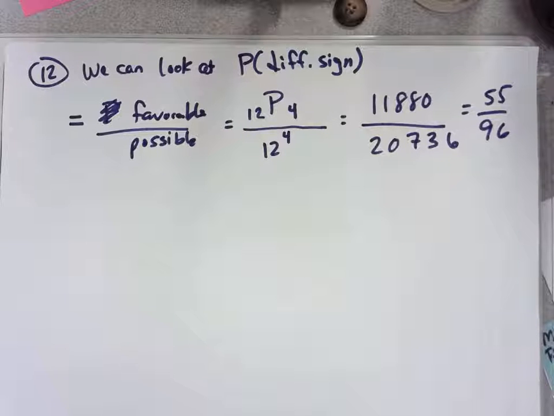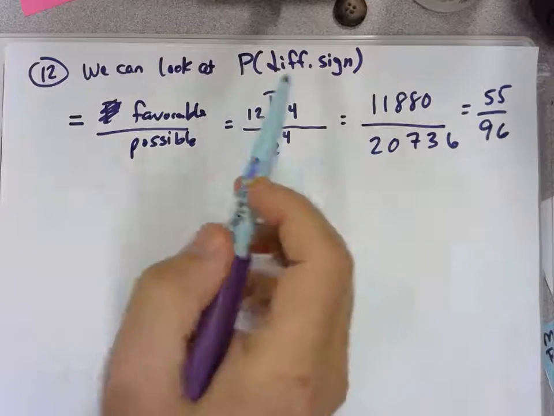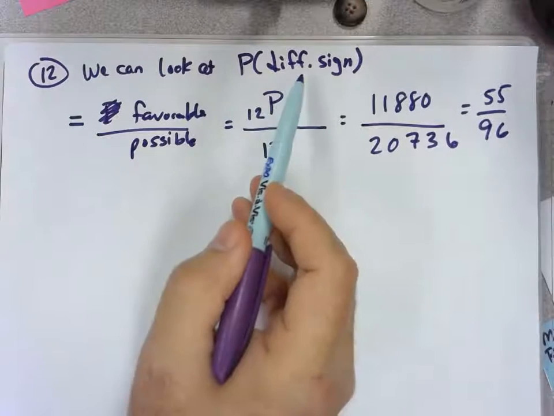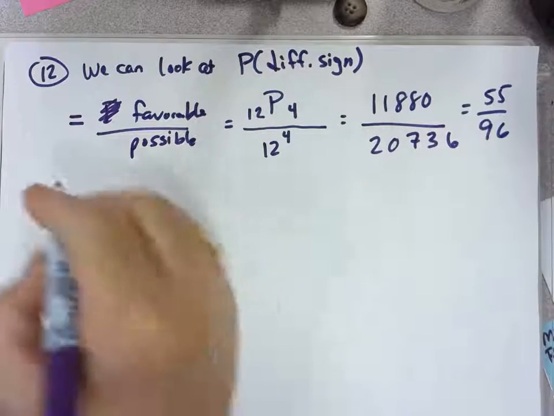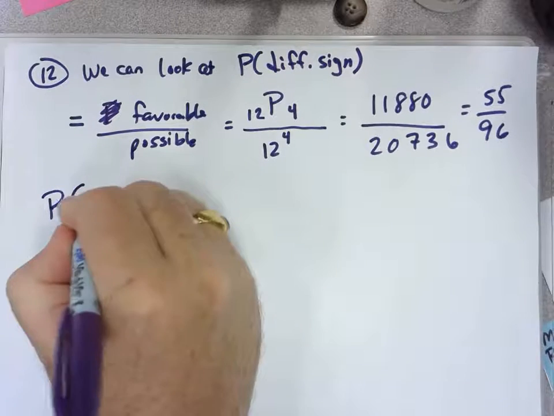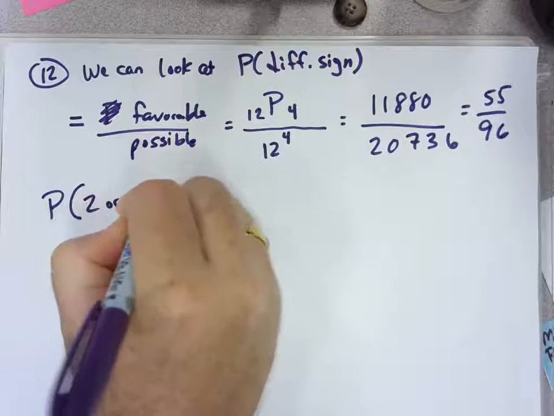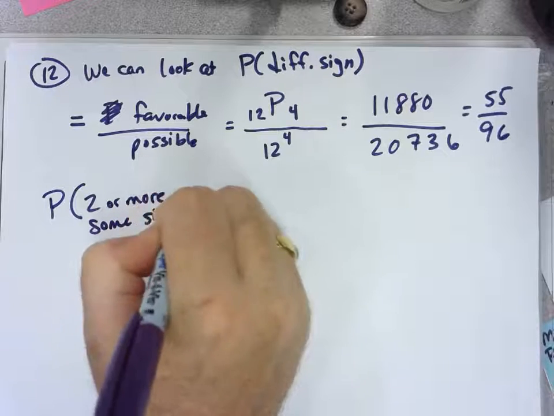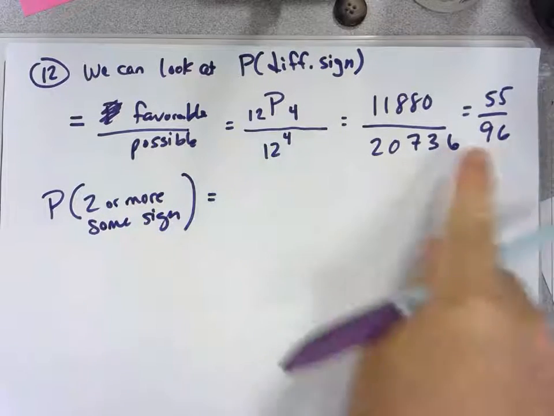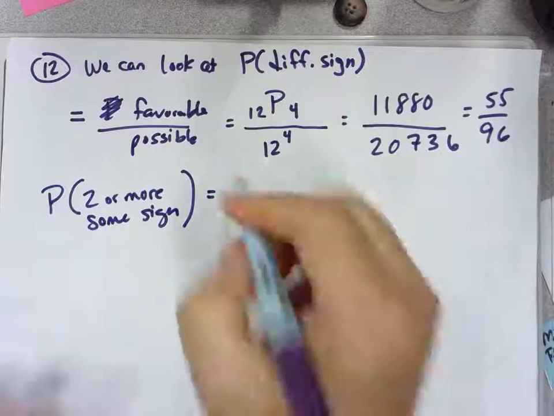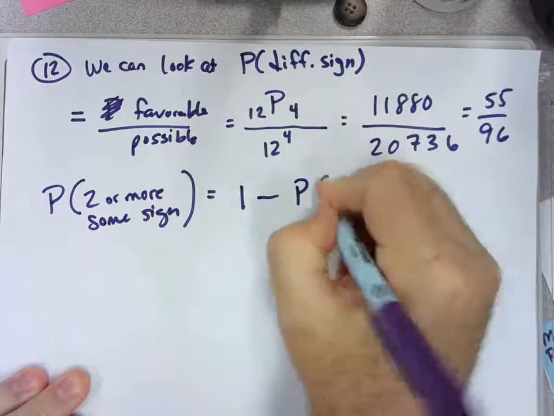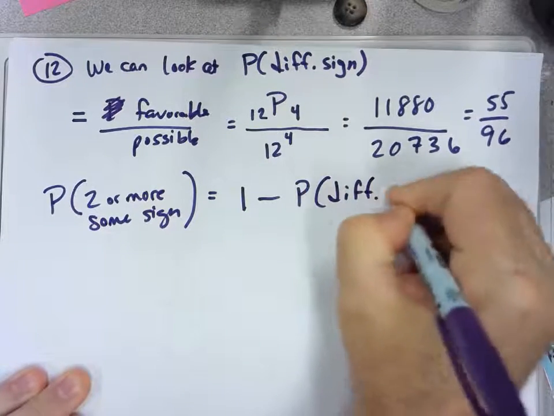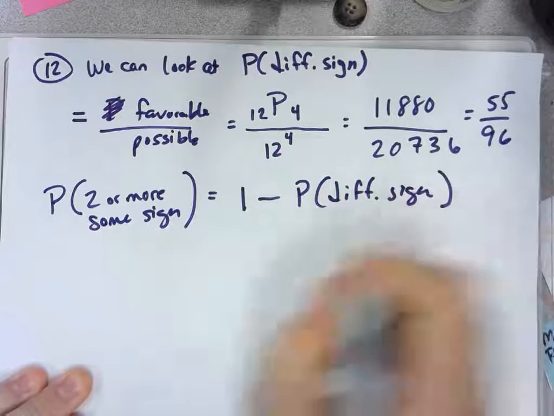We're not done yet. Because remember, we're doing the probability that you have a different sign. And then we're going to say the probability that 2 or more have the same sign is just the complement of this event. Okay. So that's going to be 1 minus the probability of a different sign. Okay?